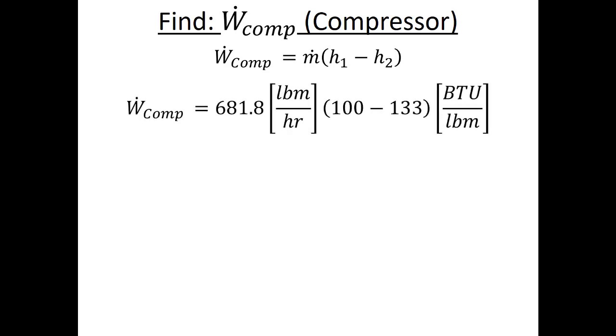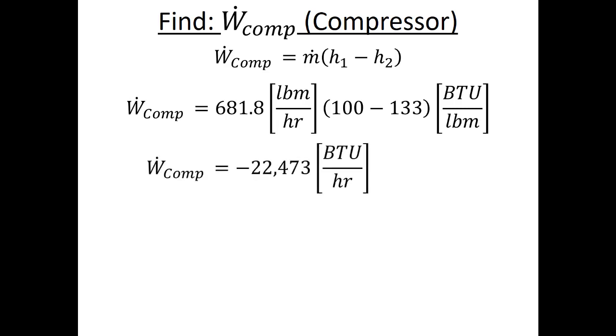The good news is I already figured out m dot, and now I have h1, which I solved graphically, and h2, which I also solved graphically. So here I get an answer of negative 22,473 BTU per hour. So I'm getting a power that's energy per unit time. So that's good.